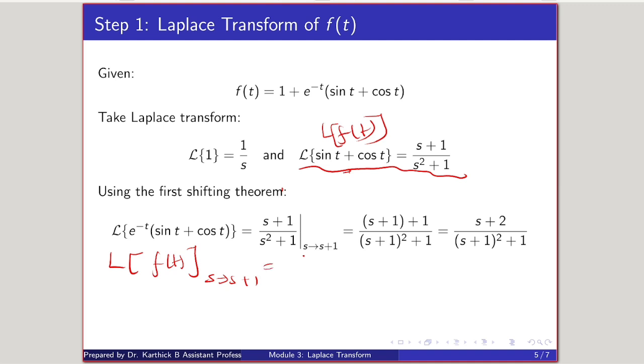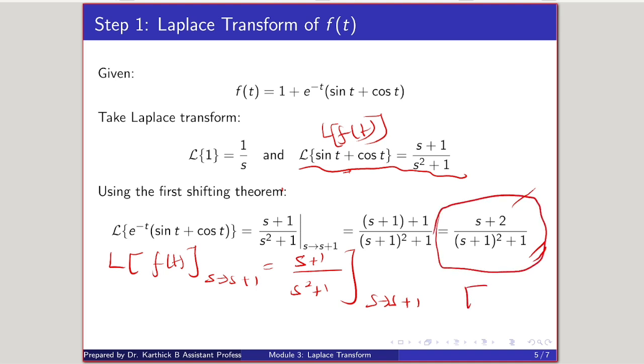Finally s goes to s plus 1, and I am substituting this value. I am getting s plus 2 divided by s plus 1 whole square plus 1. Okay. So this final answer we call capital F of s.